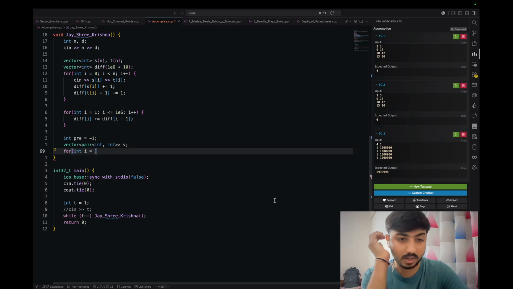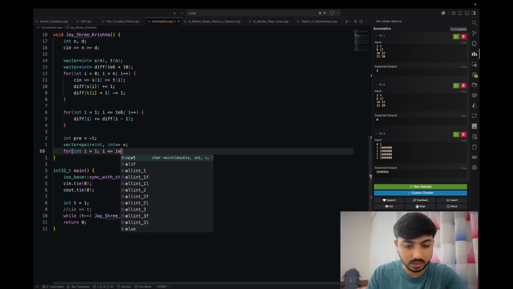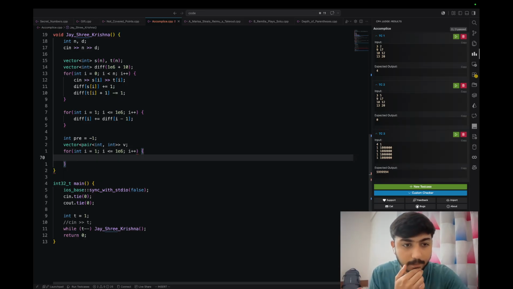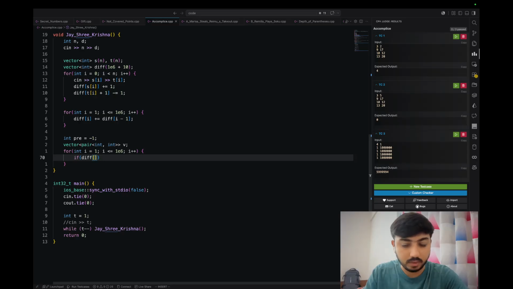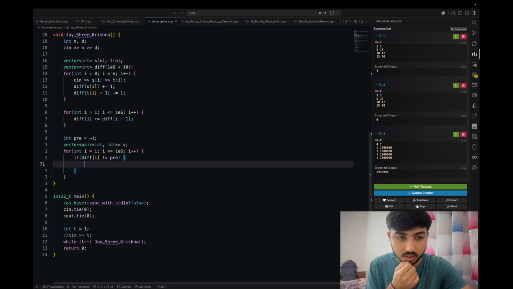So where I am, I'll start with 1, I'll go till 10 to the power 6, I plus plus. What I'll do is check if diff of I is not equal to previous, that means it's a new start.